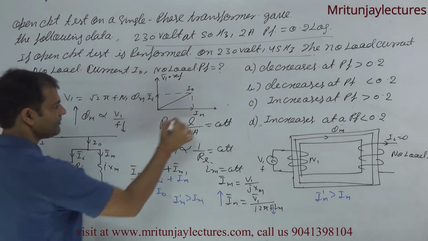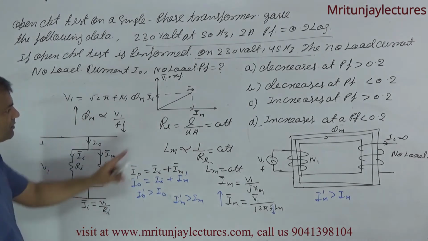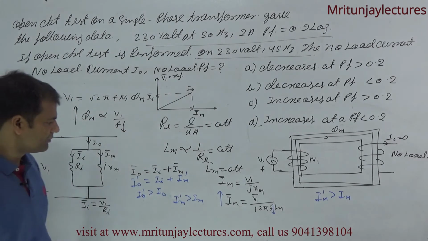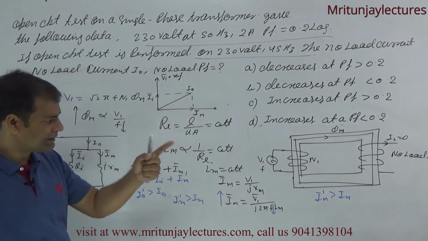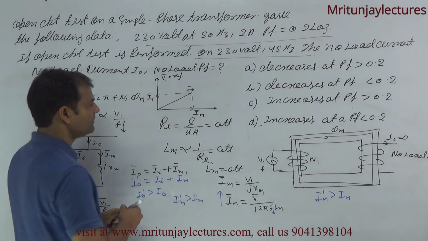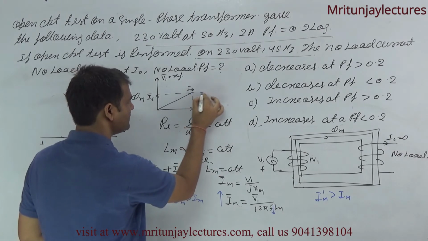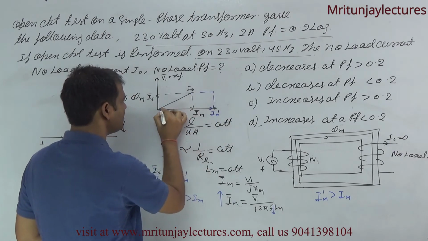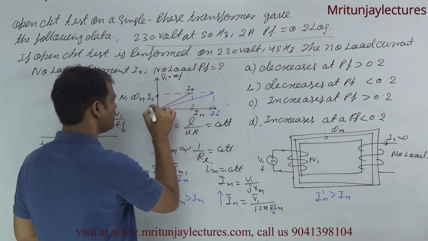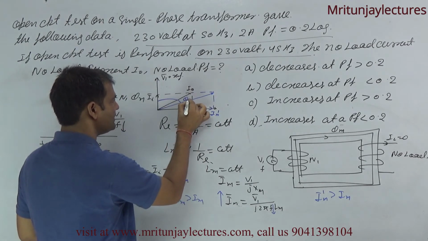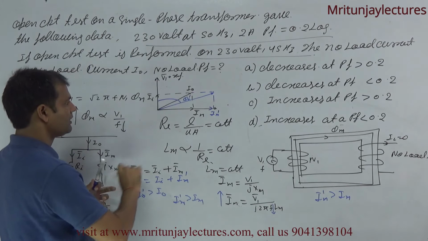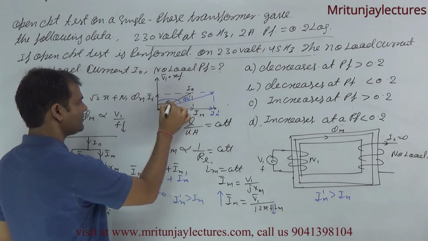Clear? Now Im dash is greater than Im. In the diagram, this is phi 0 dash and this is phi 0.